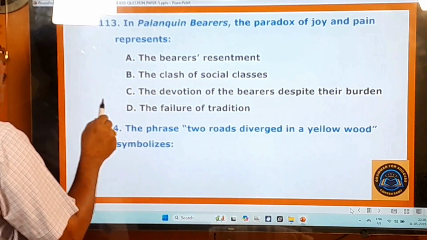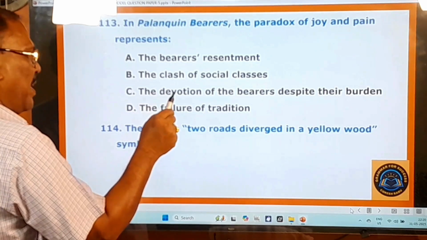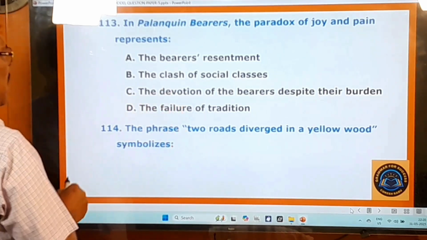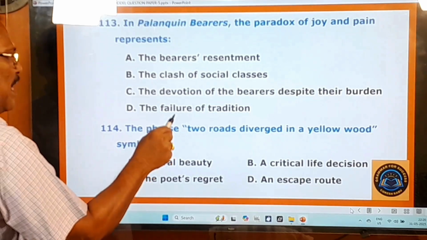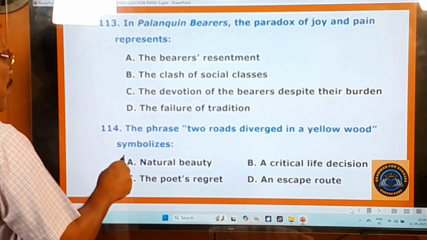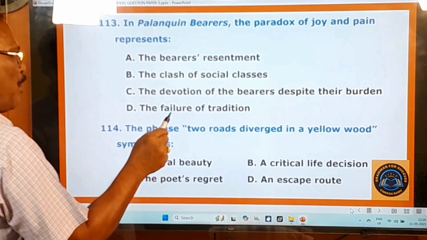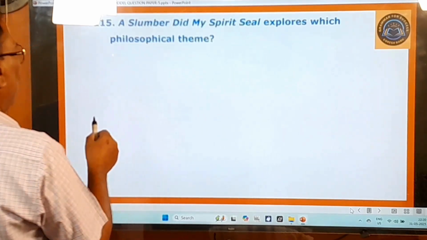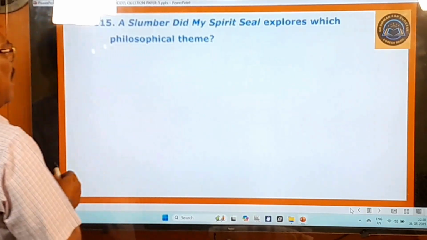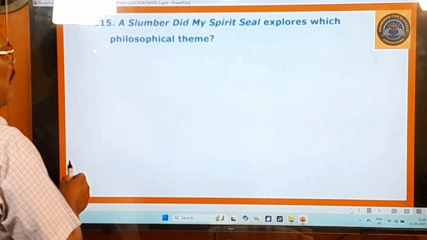114th question. The phrase "two roads diverged in a yellow wood" symbolizes natural beauty, a critical life decision, the poet's regret, an escape route. 115th question. A Slumber Did My Spirit Seal explores which philosophical theme?